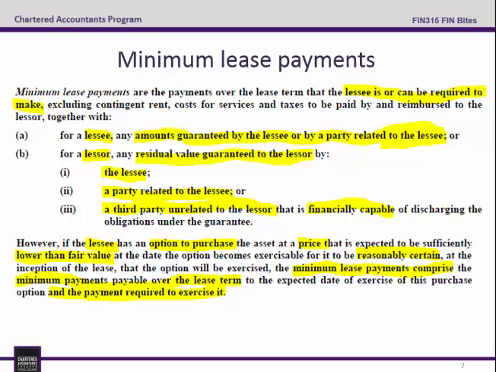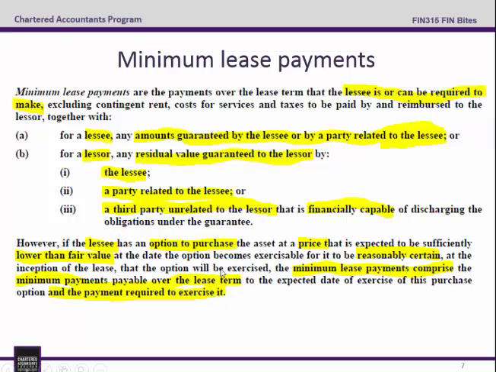So minimum lease payments is all about what you must pay, so what you've contracted to pay. And from the lessor's perspective, they're saying that the minimum lease payments include any amounts that a third party that is unrelated to the lessor may guarantee. So that's going to be very rare in practice to see that sort of third party type of guarantee.